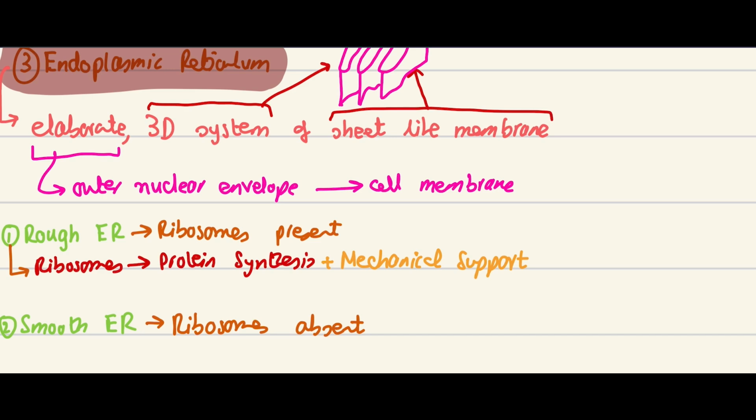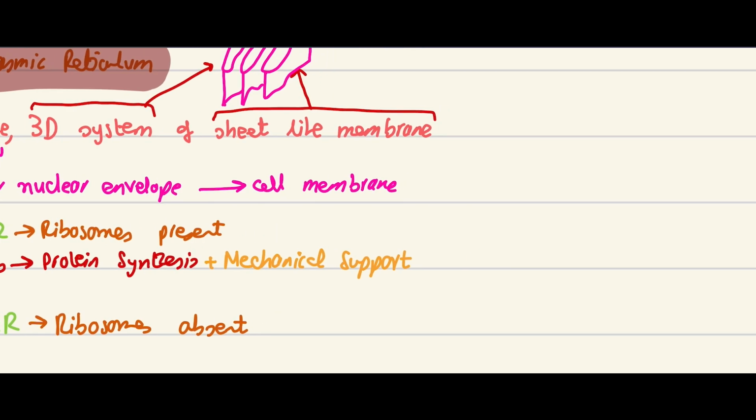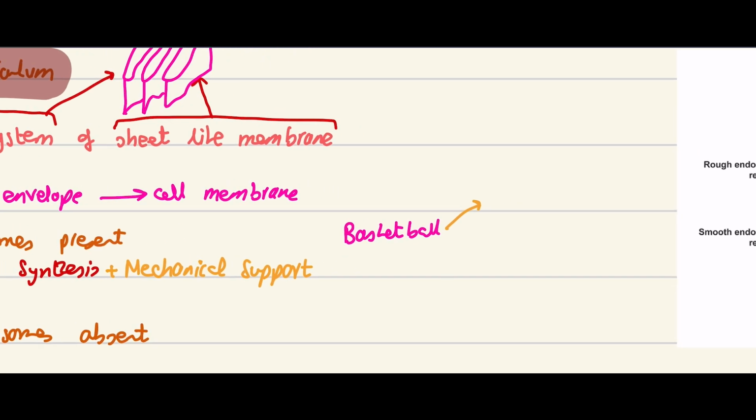In the same way, let's say I take a basketball, and in one basketball I put sort of like a metal sheet, and in the other basketball I put nothing, and I deflate both of these. The one with the metal sheet is still going to be able to retain its shape because there's a metal sheet inside of it.